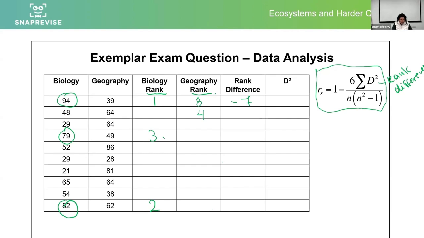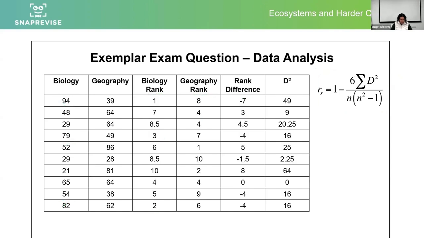And then I take this column and I square it. So this is the rank difference, D, and this column is for D squared.